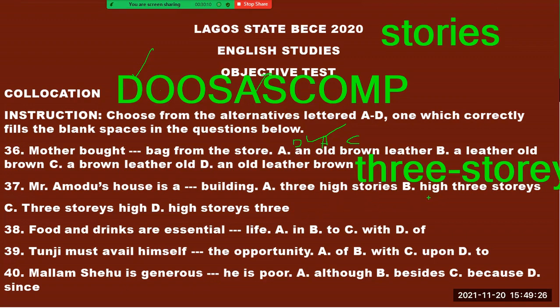So Mr. Amodu's house is a 3-story building. Option B is correct, but it's not 3 stories, it's 3-story building, all right? Now, 3 stories high, no. High stories 3, no. These are all options you ought to eliminate.